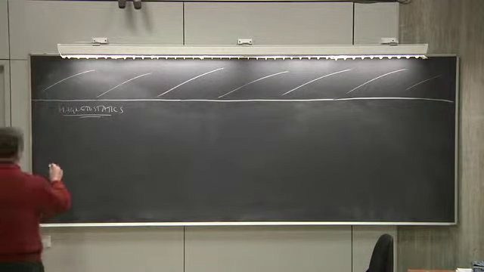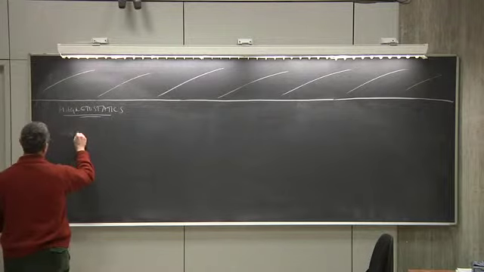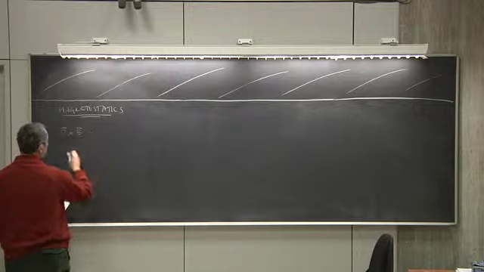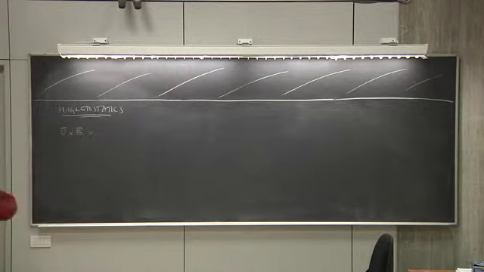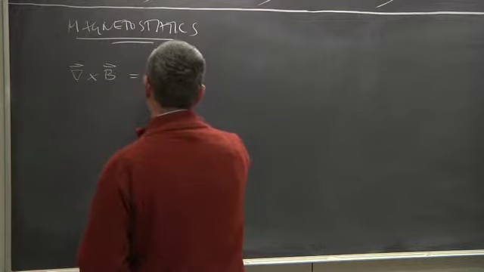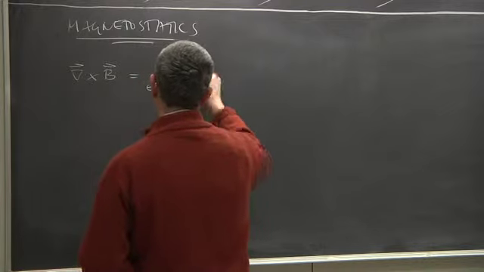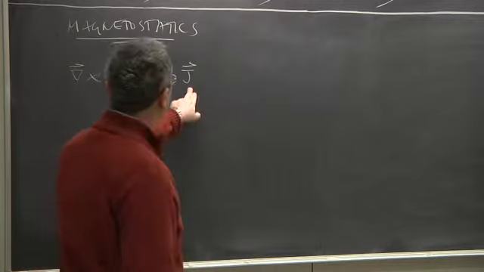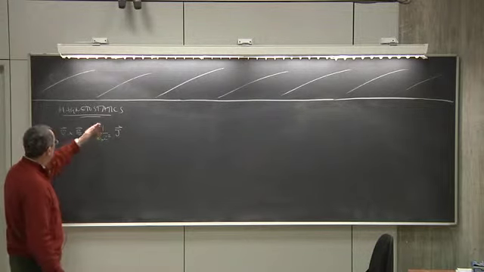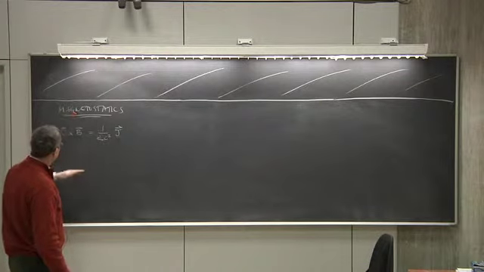Let me remind you that we have this set in which we study the curl of B. The curl of B comes from some electric current that you have around. So if you have a density of current J, this produces some curl of the B field.